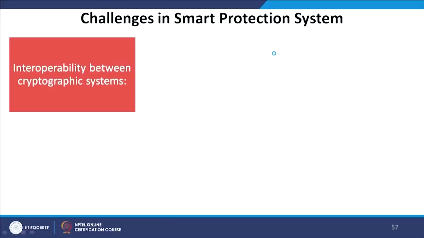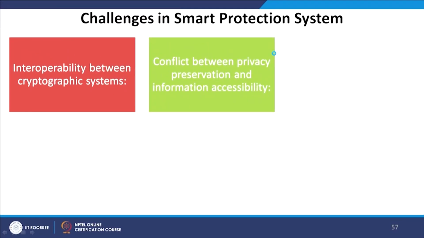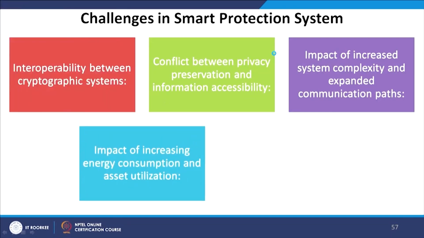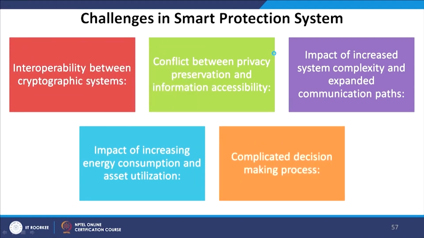The major challenges in smart protection systems are interoperability between cryptographic systems, conflict between privacy preservation and information accessibility, impact of increased system complexity and expanded communication paths, impact of increasing energy consumption and asset utilization, and complicated decision making process. With this background, researchers have established a few standards for the smart grid infrastructure.